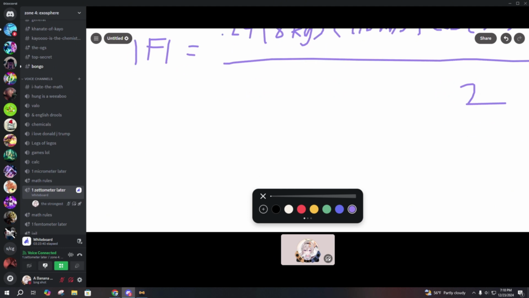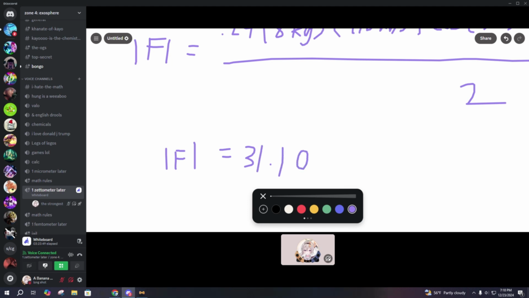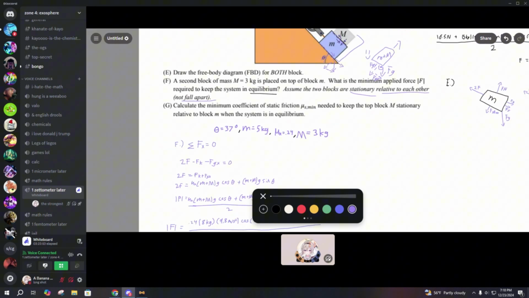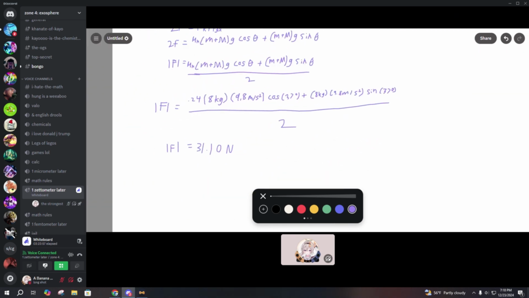And that's going to get my minimum applied force to keep these blocks stationary. It's going to be 31.10 newtons. And it's going to keep these blocks stationary and keep the system in equilibrium, so 0 acceleration. Now for part G.